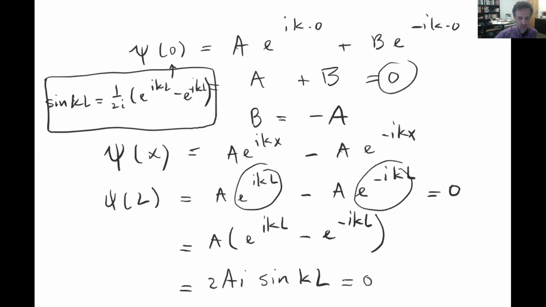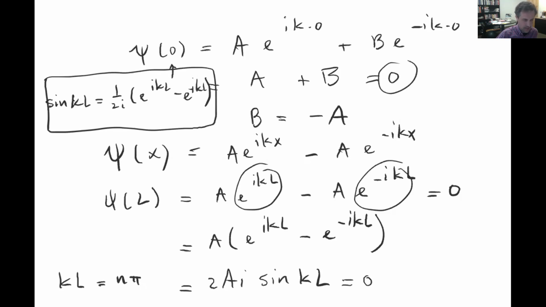So I'm asking myself, when is the sine of KL 0? Well, that is not so hard to figure out. It's 0 every time the argument KL equals an integer times pi. Whenever this is true, n times pi, you can figure it out very quickly for yourself.